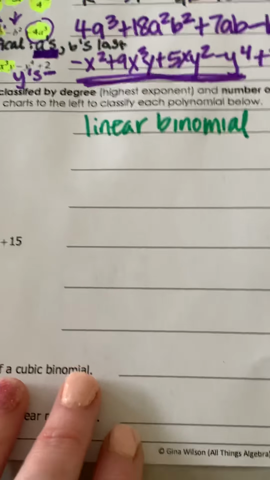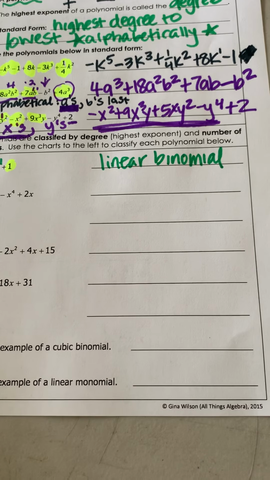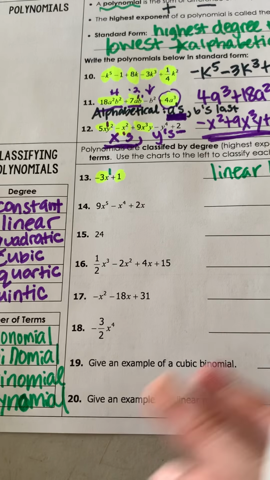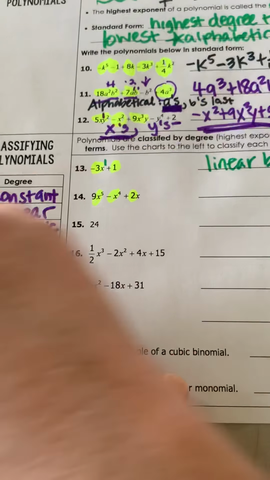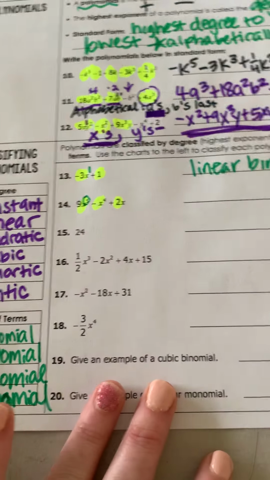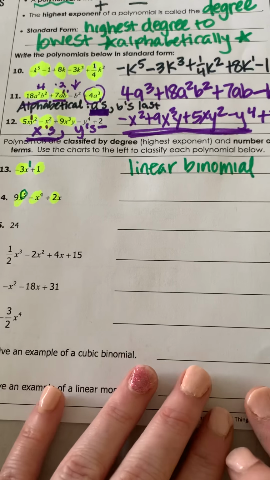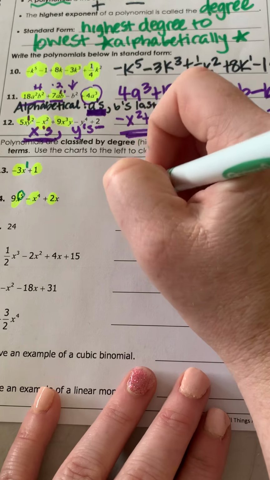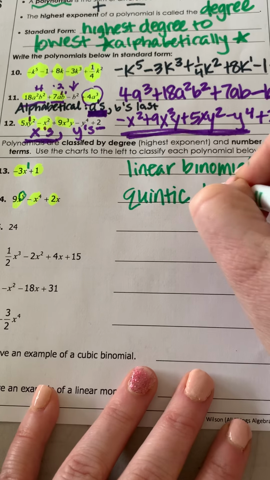Okay, and we usually write the degree first, sorry. So this one has 3 terms, 1, 2, 3. And I have x to the 5th is the highest power. These may or may not be in standard form. So that gives me a quintic trinomial.